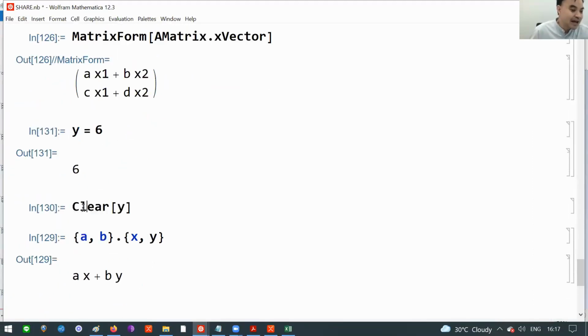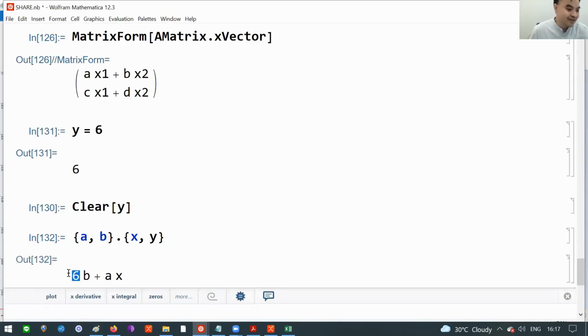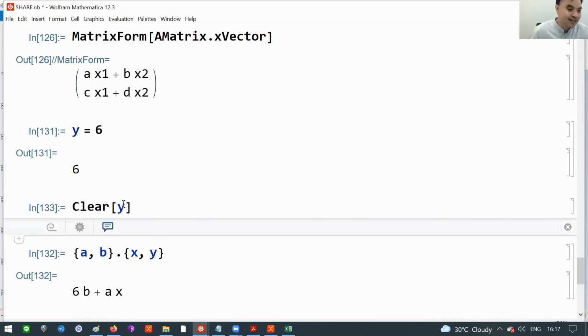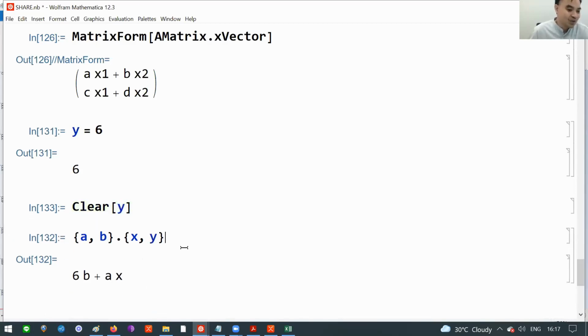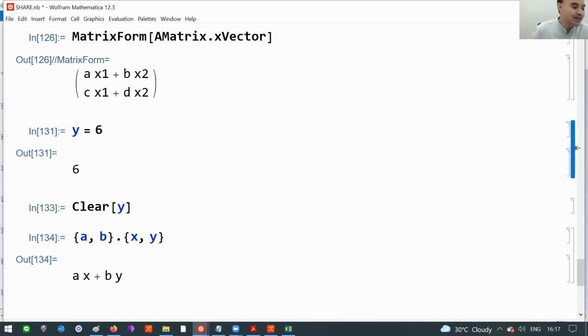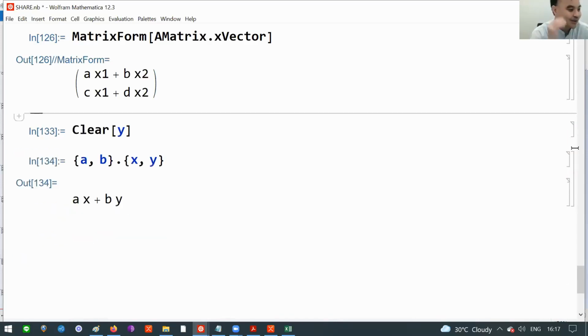If I don't type in clear y and I do this, it's going to substitute 6 for y because it already knew y is equal to 6, right? But if I clear y, shift enter, y becomes blue again. So when I put it here, it's generic y. I haven't made any assignment. So I can make an assignment, and I can remove that assignment. Just because I like to use x and y all the time, so I have to remind myself.